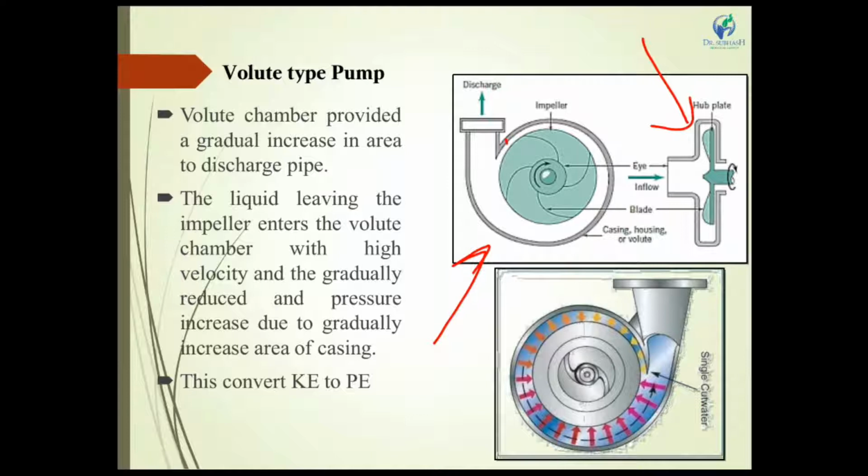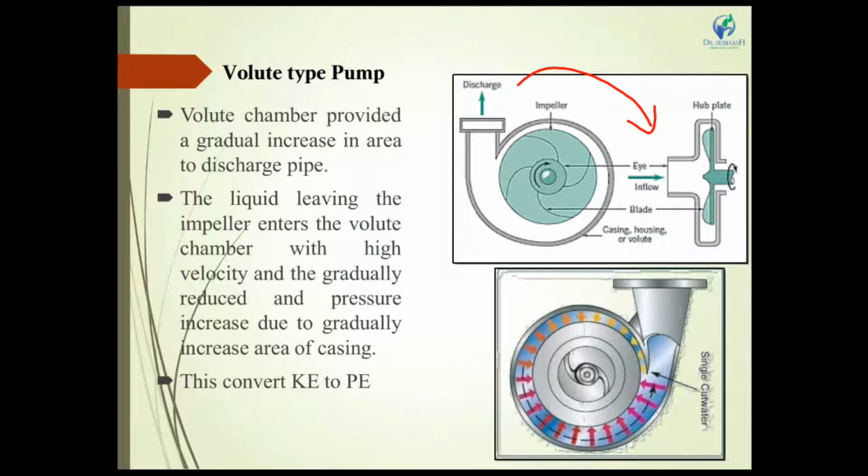The area gradually increases because we have to convert kinetic energy into potential energy. When rotation starts, the impeller rotates in the clockwise direction. The centrifugal force occurs during this time.